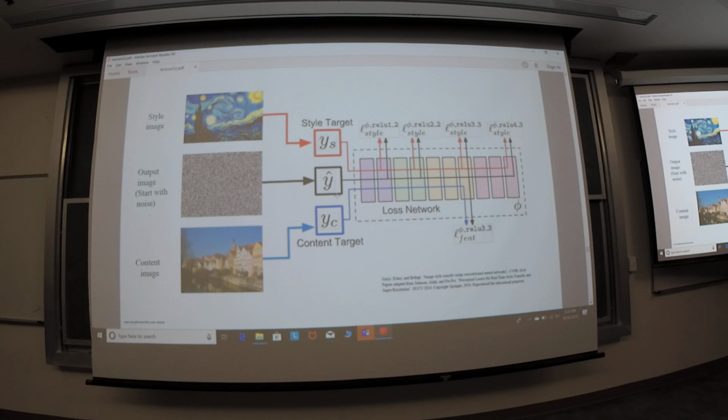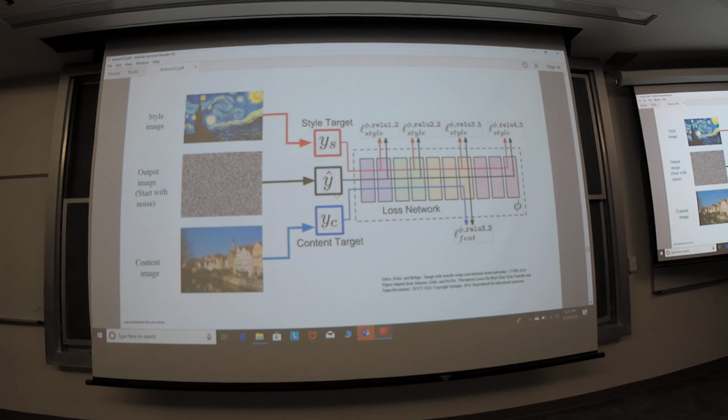But on top of that, we would also like to impose the style that is there in this style image. To incorporate that into account, what we do is pass the style image to the same network, but we generate additional information to that of the feature maps, which is the gram matrix. So we use the gram matrix.